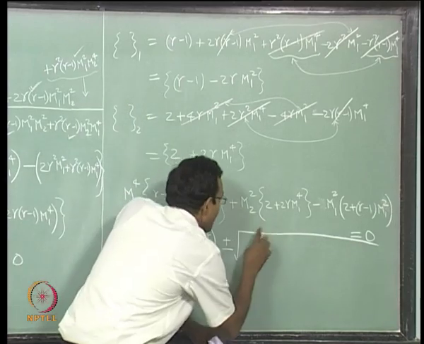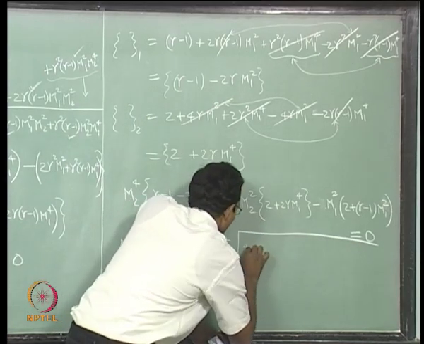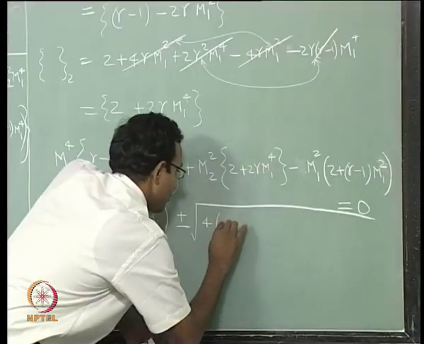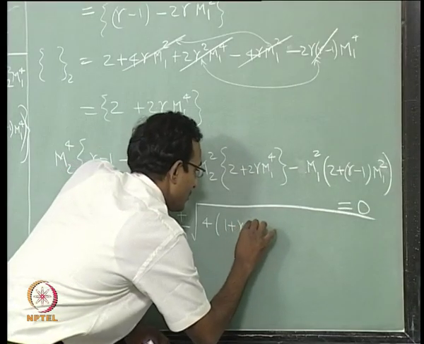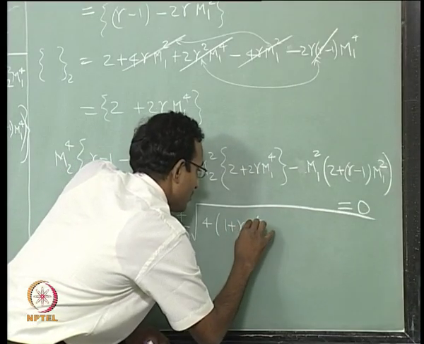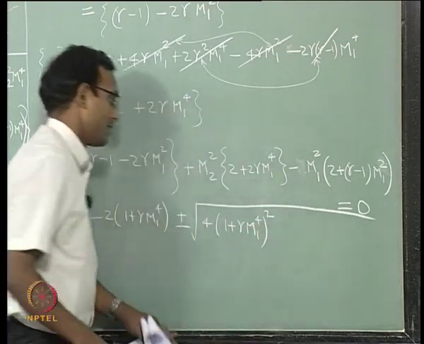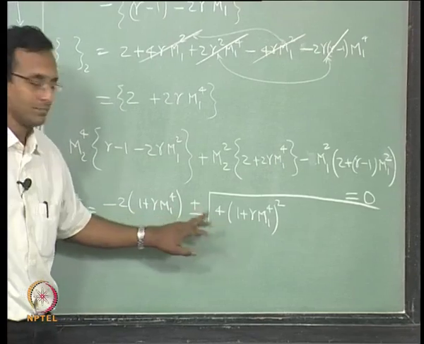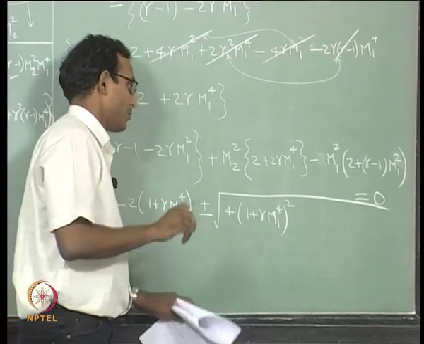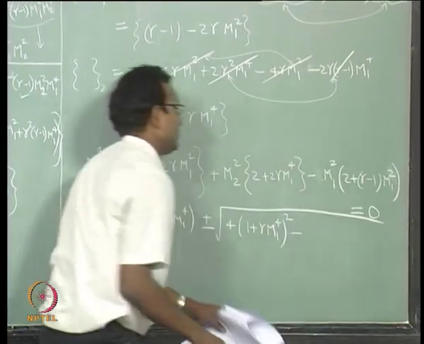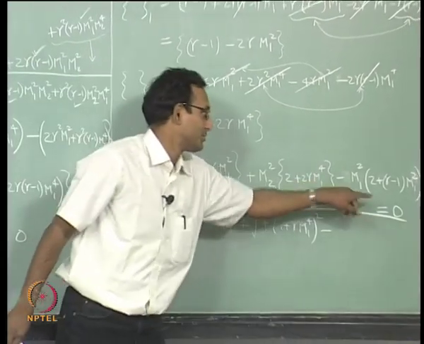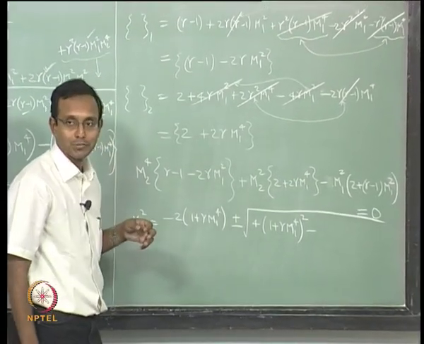So, I will take out the 2 because it is going to get cancelled soon. I have squared the 2 and put a 4 here, remaining things are sitting here, minus 4 times first coefficient into last coefficient, that is how it is supposed to be.